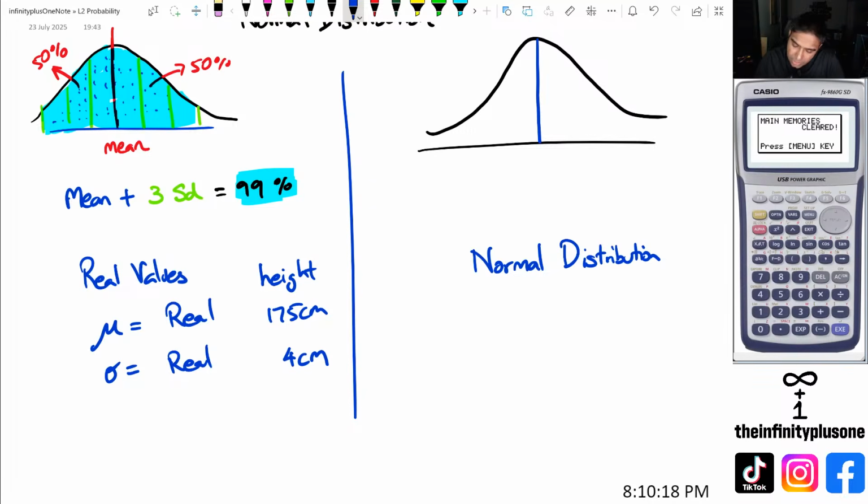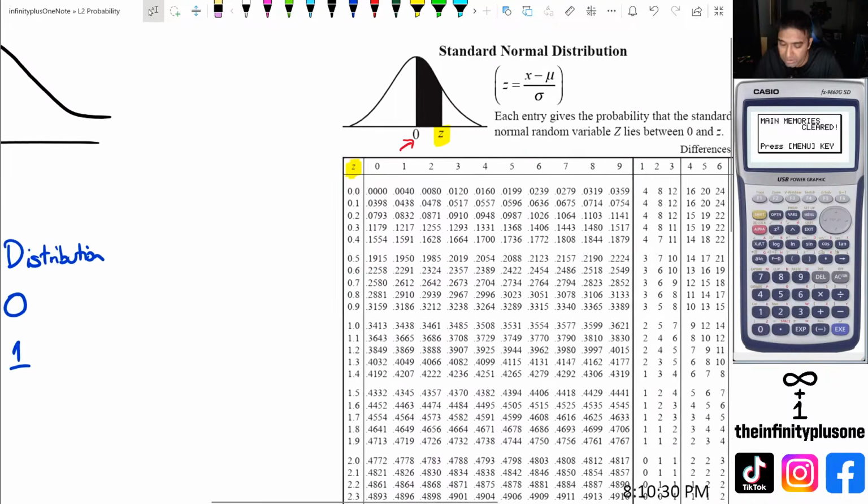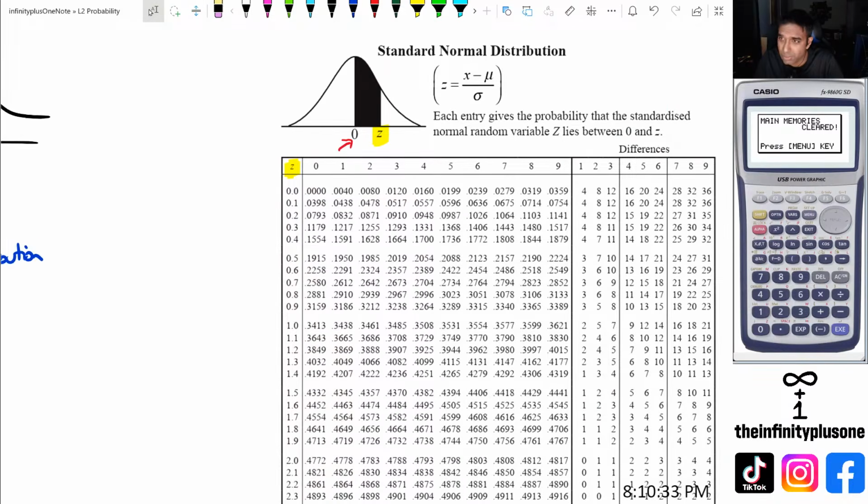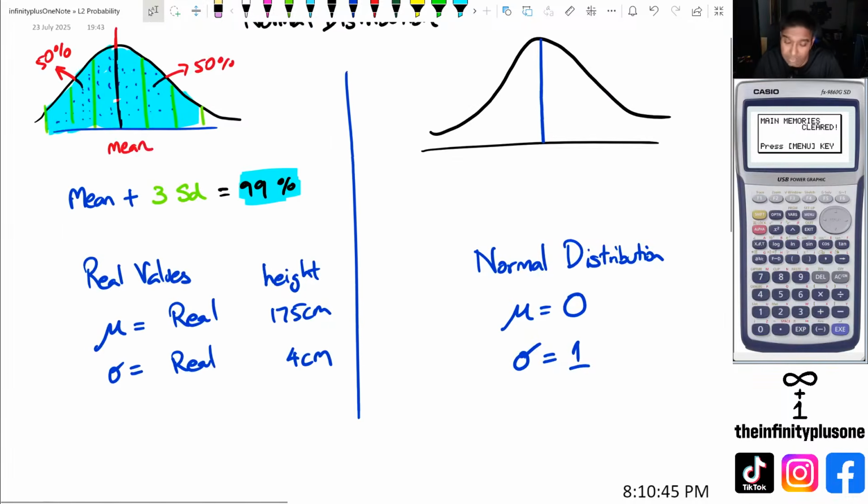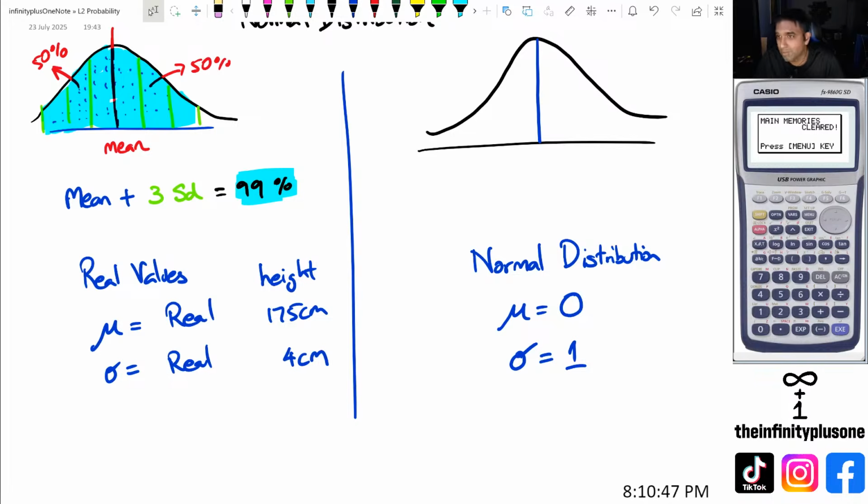But for a normal distribution, your mean is always 0 and your standard deviation is always 1. This is something you need to understand. So when we're using the tables, particularly the tables on your probability formula sheet, your standard deviation is always 1 and your mean is always 0. But when we have real values, it's going to be actual numbers.